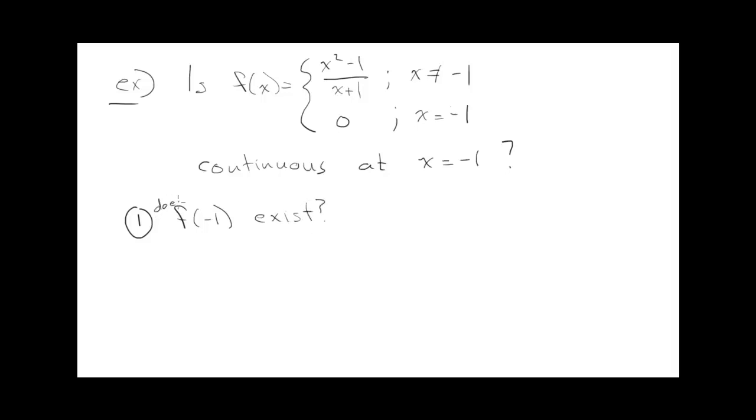And the answer would be yes, right? If x is -1, then f at -1 is 0, that's this one right here. So good, it exists. The second one is, does the limit as x goes to -1 of f at x exist?